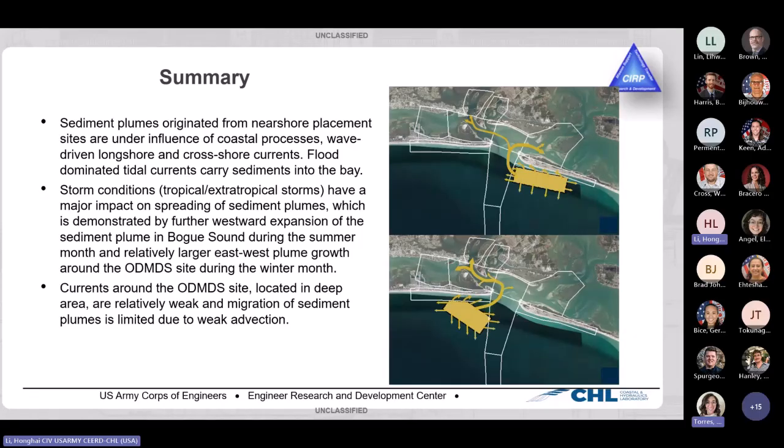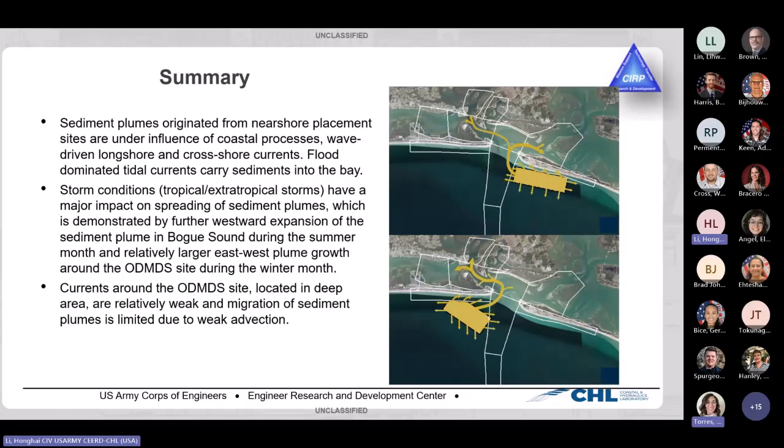We see the westward expansion of a sediment plume in Bogue Sound, and that's during summertime, right? And also for the offshore site, you see during the wintertime a relatively large east-west plume, right?